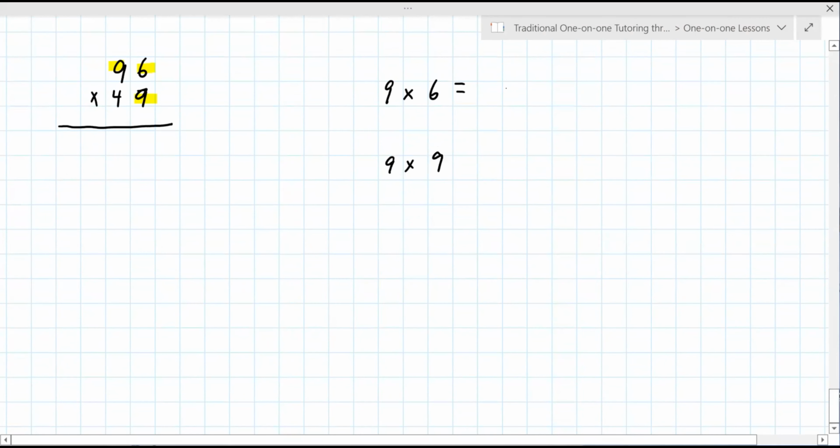What is 9 times 6? 54. So you put a 4 down here. What is the carry? 5. Okay, then you take the 9 in the lower right and multiply it by the 9 in the upper left. So that's 9 times 9, which is, do you know? 81, plus 5.